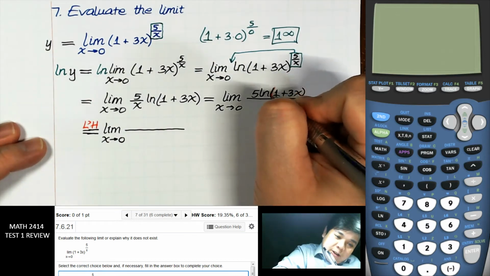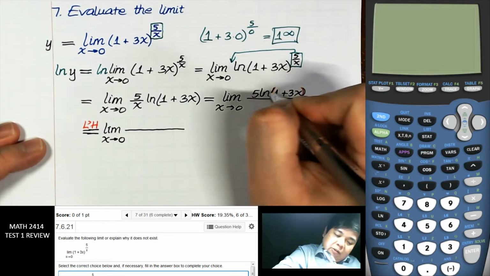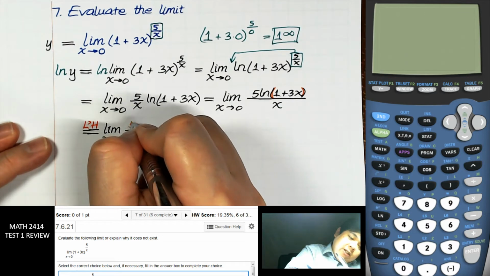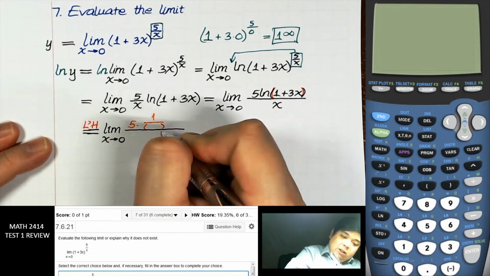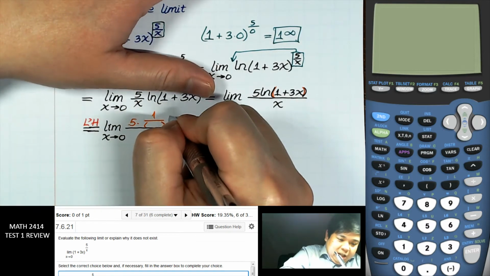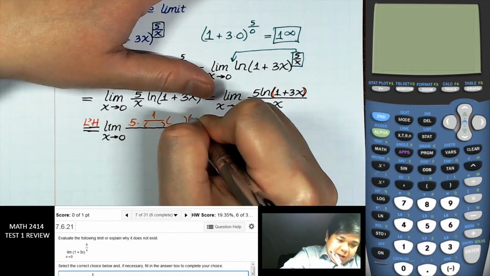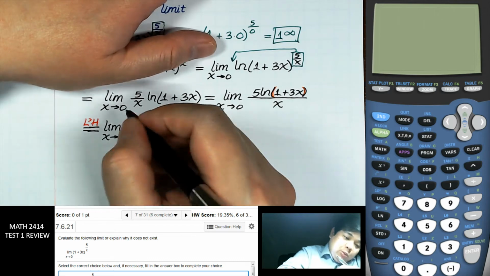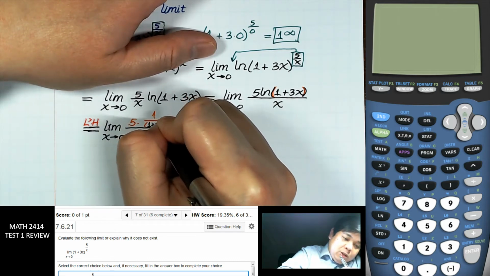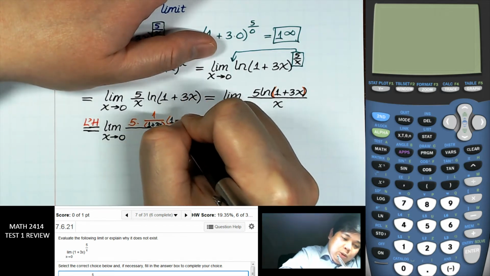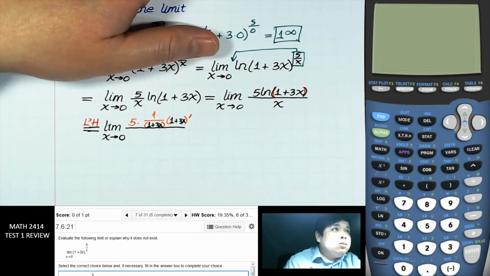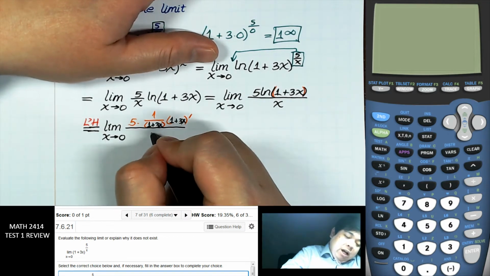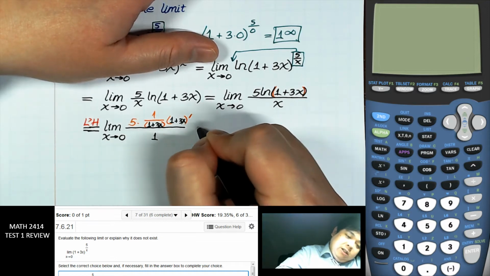Derivative of ln is 1 over the parentheses, and then the derivative of that inside the parentheses, 1 plus 3x. Derivative of x at the bottom is just 1.